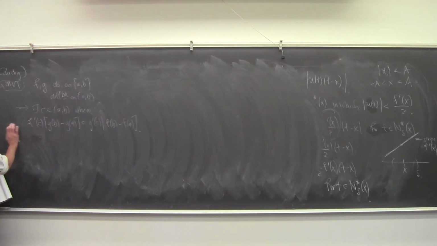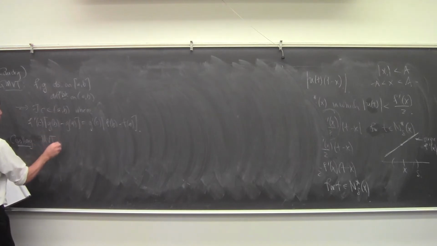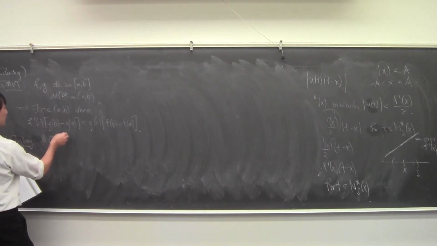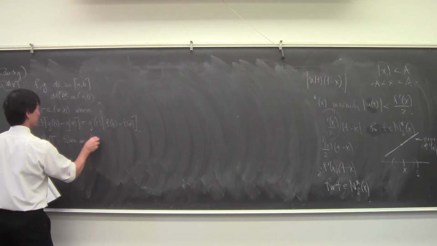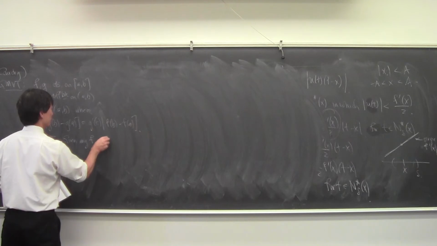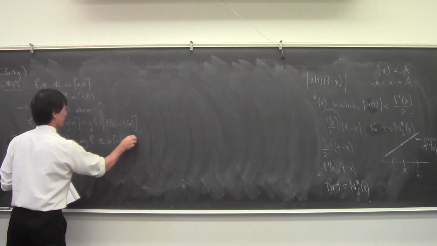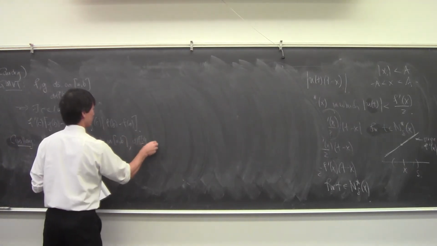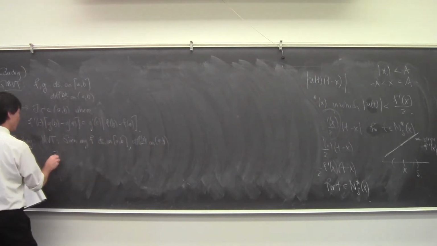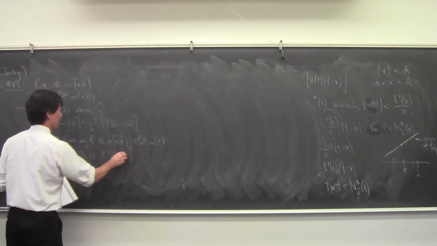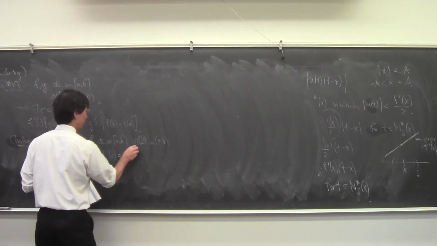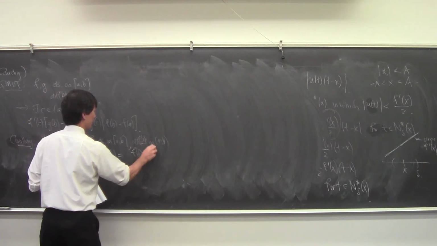It immediately has a corollary, which we could have gotten in some other way: the standard mean value theorem. Given any function continuous on [a,b] and differentiable on the interior, there exists a point where f'(c) equals (f(b) minus f(a)) over (b minus a).